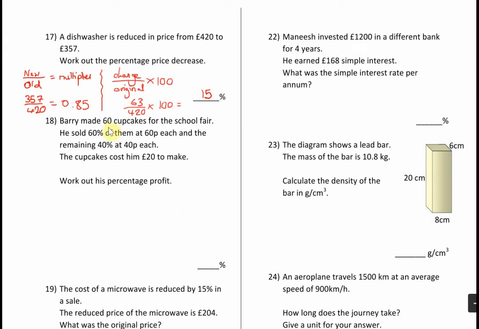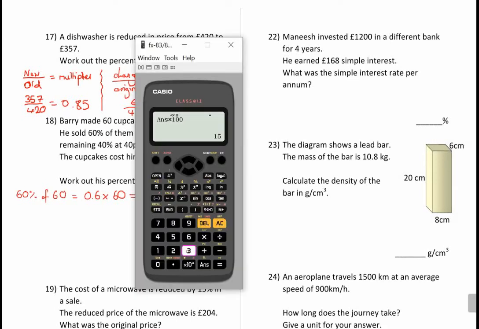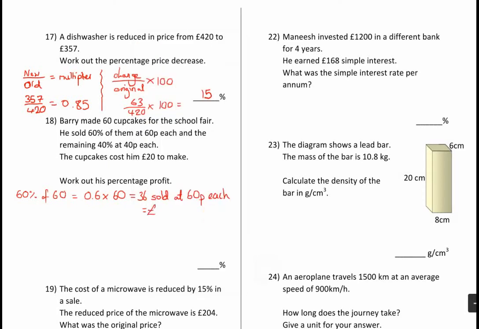Okay, so 60% of 60 cupcakes is 0.6 times 60, and that would give 36 cupcakes at 60p each. And that would be £21.60 taken from those.